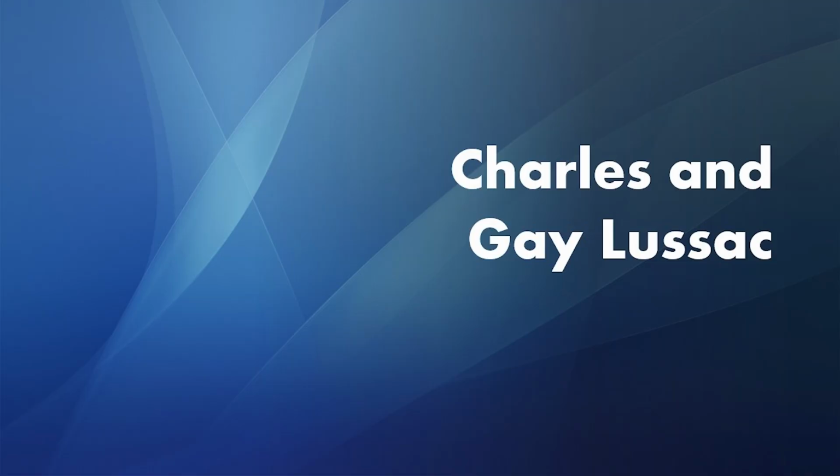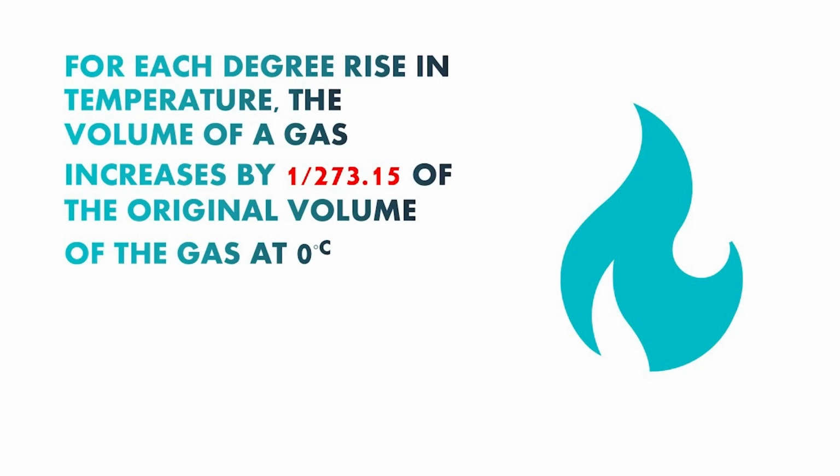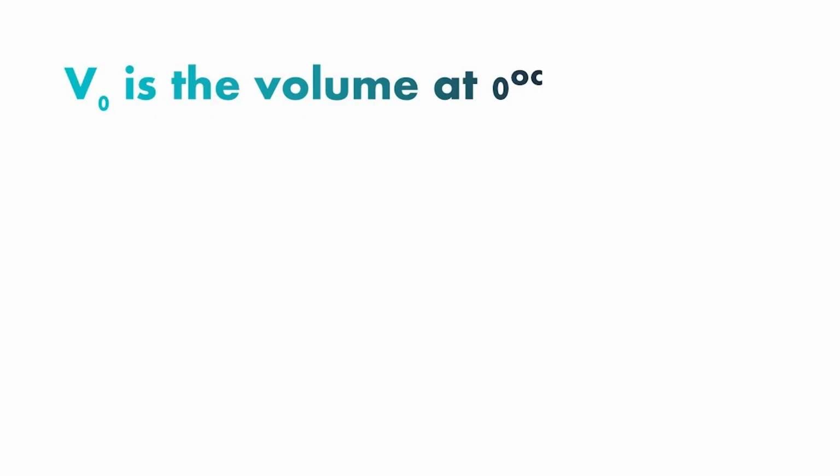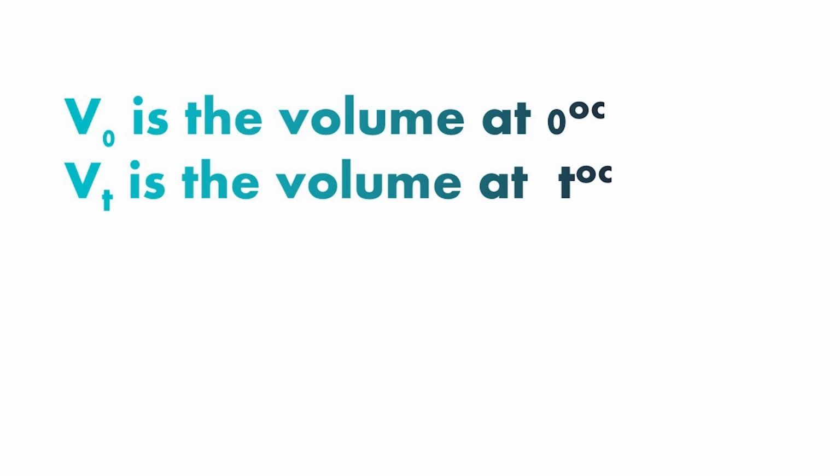Charles and Gay-Lussac found that for each degree rise in temperature, the volume of a gas increases by 1 by 273.15 of the original volume of the gas at 0 degree Celsius. We can represent it mathematically. If the volume of the gas at 0 degree Celsius and at t degree Celsius are V0 and Vt respectively, then we can express the above observation by the following relation.